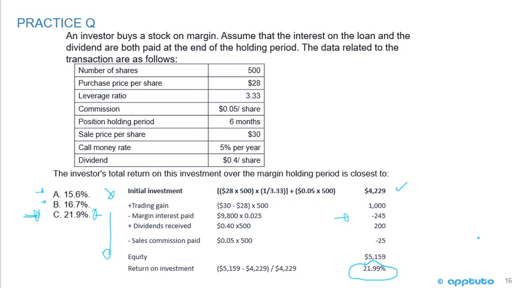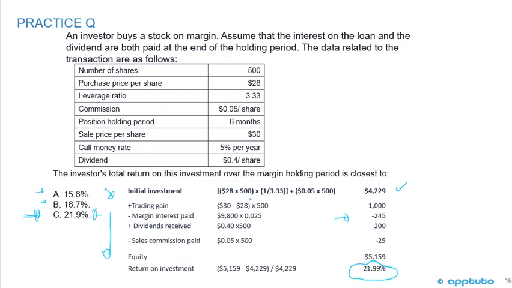So this all takes time. Whereas I said, if you just do your quick reality check, looking at the price return times the leverage ratio, one answer may be the only one that's really close in the ballpark. In this case, it is. And if I was pressed for time, I might have answered C and moved on, and I would have been right in that case. Nevertheless, let's go through the question 100% to calculate it the right way.